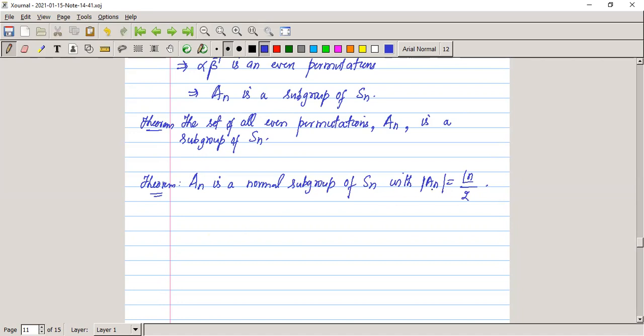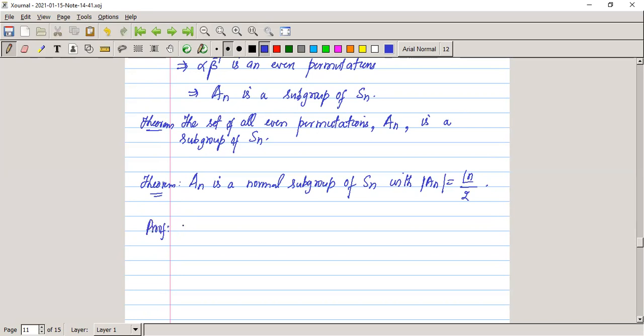So this means that An is actually a normal subgroup of Sn of index 2, because order of Sn is equal to n factorial. So now let's proceed towards the proof.